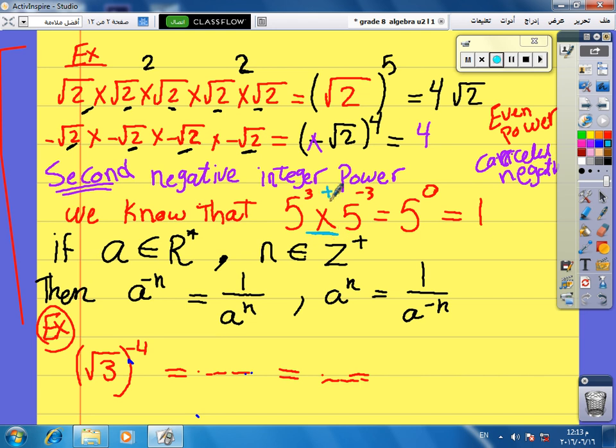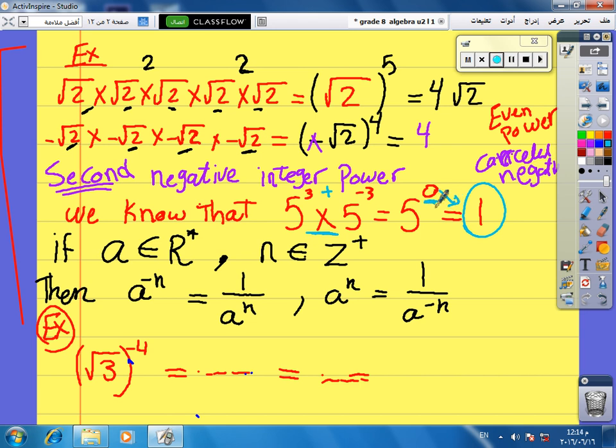So 3 plus negative 3 equals 0. Any number, any fraction, anything with the power of 0 makes 1. That equals 1.